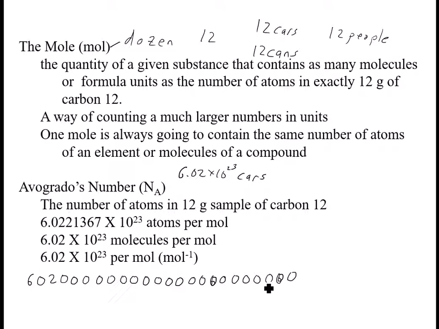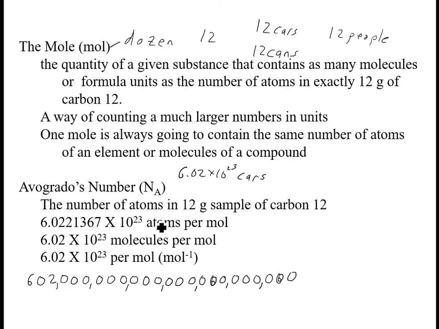So if I go back, that's comma, comma, comma, comma, comma, comma, comma. So if this is thousands, this is millions, this is billions, this is trillions, and I don't really know what comes after trillions, but you can see it's much bigger than that. So basically, this is the number that we use. This is what's represented by 6.02 times 10 to the 23rd of something.